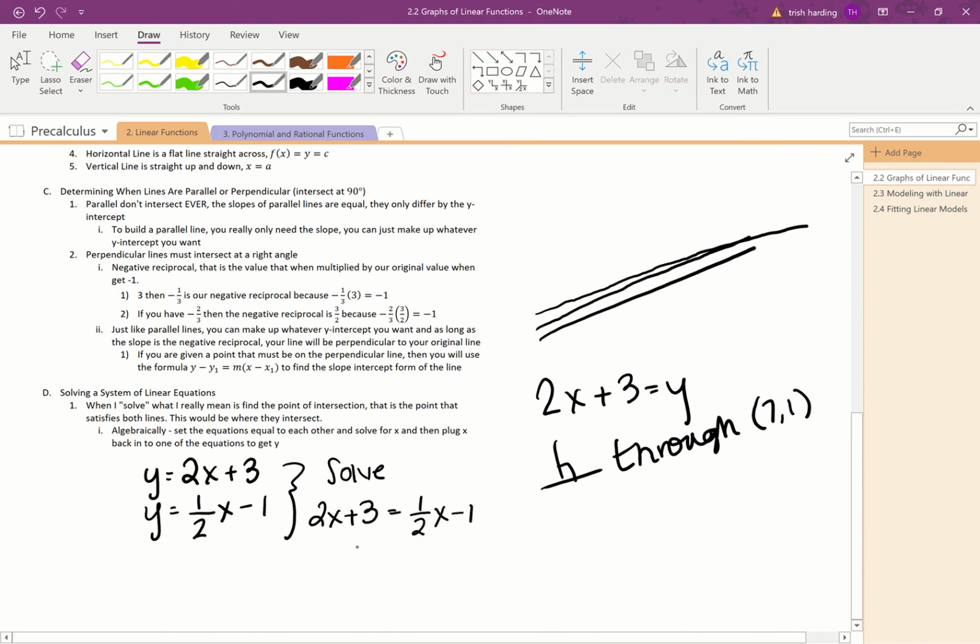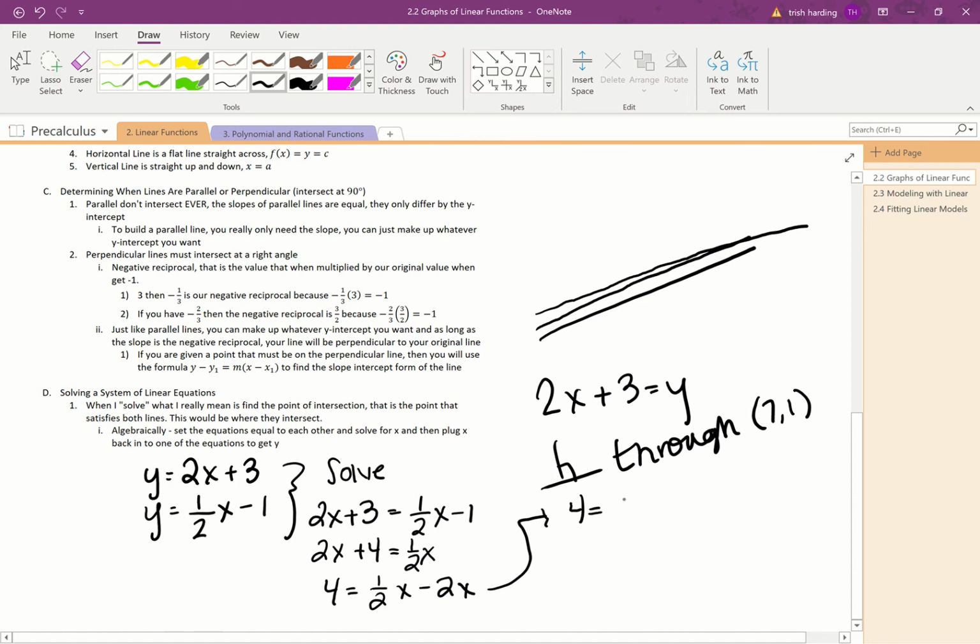And I solve for x. So that's going to be 2x plus 4 equals half x. And then that's going to be 4 equals half x minus 2x. So from here, I'll go up to here. It's going to give me 4 equals, and I need to turn 2 into a fraction with a denominator of 2.